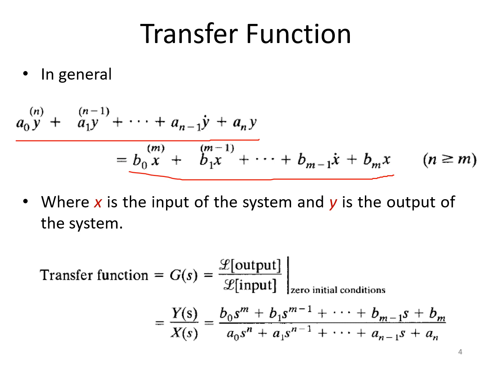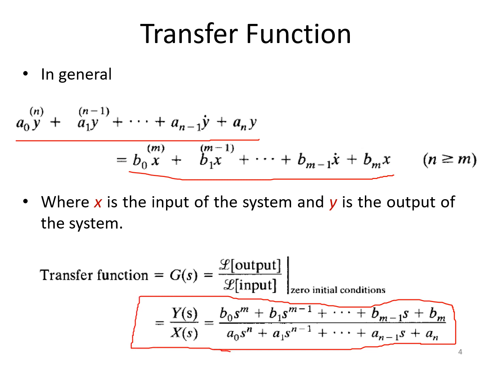This is the nth order differential equation representation of the system, whose transfer function is the Laplace transform of the output to the Laplace transform of the input, which can be represented in terms of s like this, where Y of s by X of s is b naught s to the power m, b1 s to the power m minus 1, and so on up to bm, over a naught s to the power n and so on up to an. Here b naught to bm are the numerator coefficients, and a naught to an are the denominator coefficients. This is called the numerator polynomial, and this is called the denominator polynomial of the transfer function.